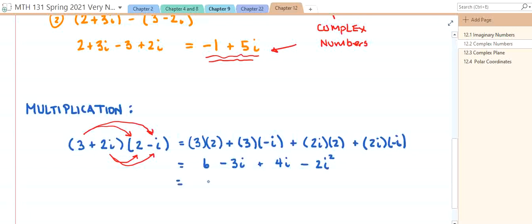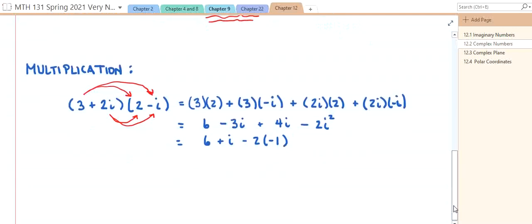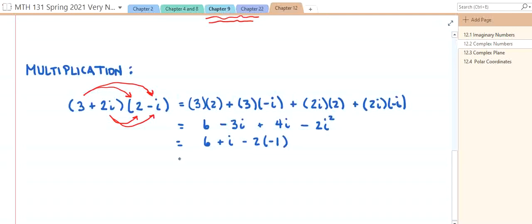So we've got 6 minus 3i plus 4i is just plus i. There's 1 left over. And then minus 2i squared. Well, i squared, i times i, is minus 1. So this turns into a real number over here. So this is 6 plus 2 is 8 plus i. And that's our result.